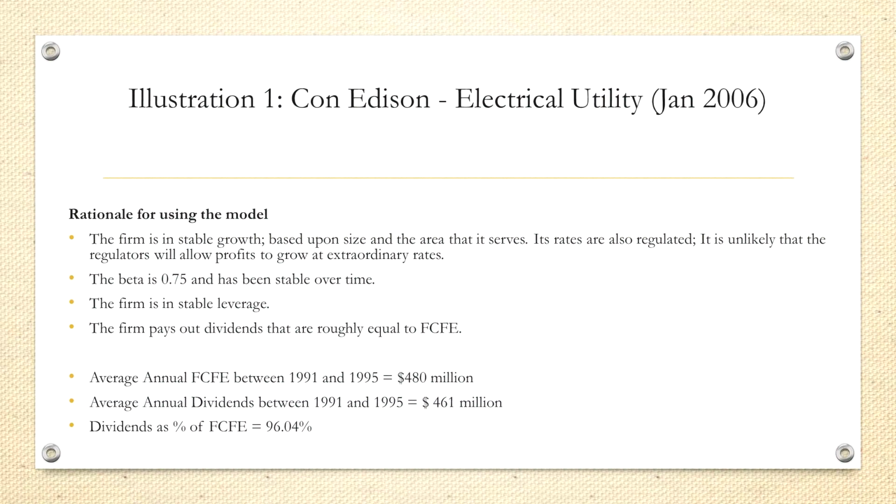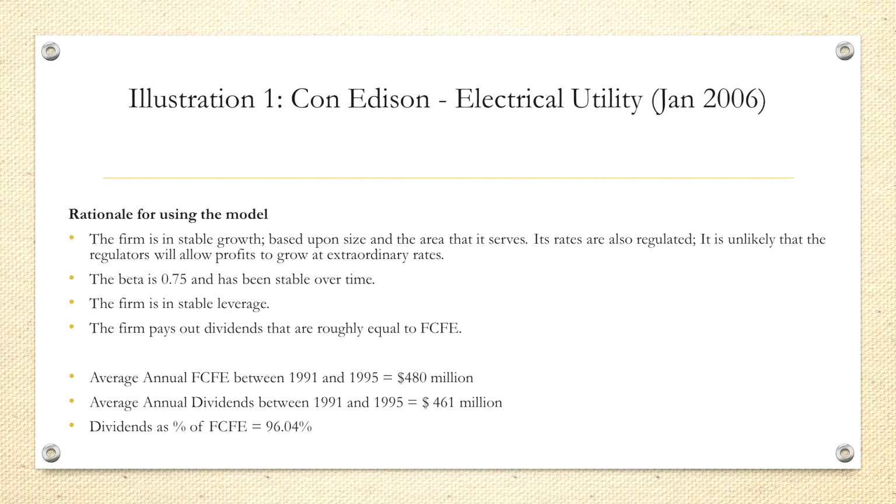So when you look at those firm characteristics, you would say, hey, this utility company is a good candidate for us to use the constant growth model. Now let's take a look at its free cash flow as well as dividends. During the time period between 1991 and 1995, the average annual free cash flow to equity is about $480 million, and its average dividend payments during the same period is $461 million.